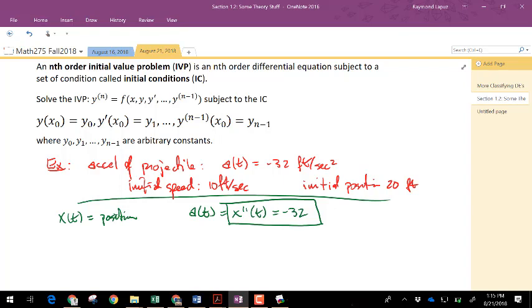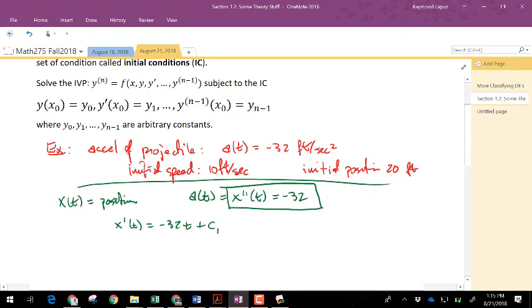Now, if we were to solve for this, we would integrate, right? And so we would integrate to get x prime of t equals negative 32t plus a constant. And I'll put C1 because I'm going to integrate again. Oh, before I solve for this, sorry. Before I solve for this, I should denote that this is a differential equation subject to the initial conditions, so there's two pieces of other initial conditions in the problem.